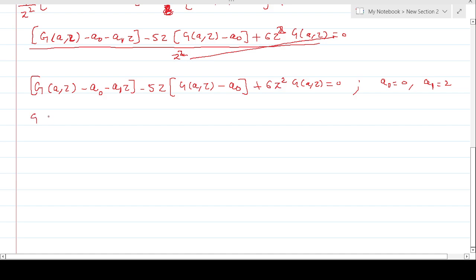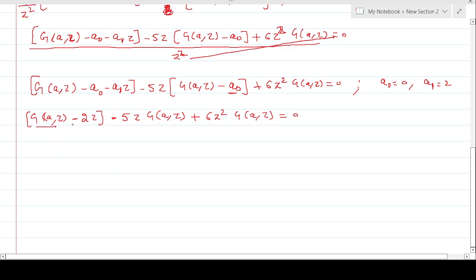So this is g(z) minus 2z, minus 5z into g(z), A0 value is 0, plus 6z square into g(z) equal to 0.